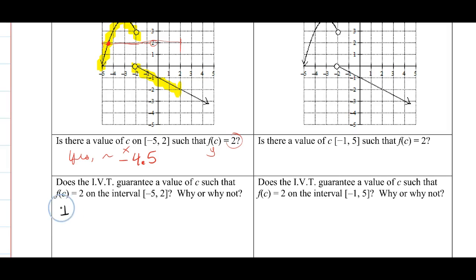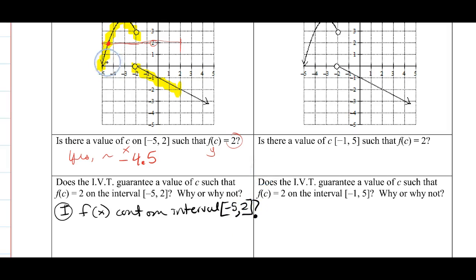First condition, is the function continuous on the domain? Is f of x continuous on the interval -5 to 2?